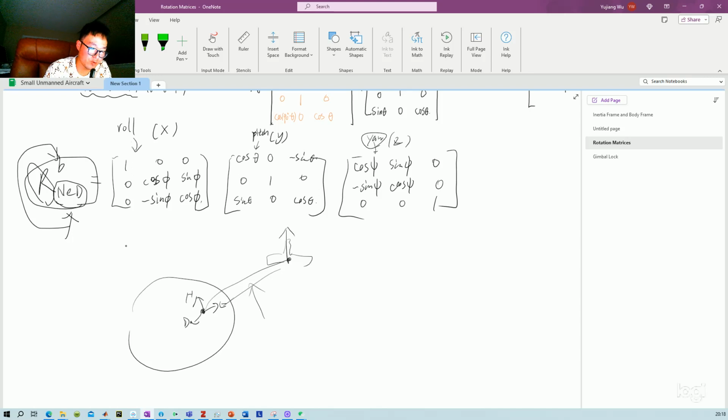When you have a body frame pointing to the nose, then down as your Z, and then you have Y. So this is your body frame, this is your inertia frame, and when we have certain vectors given in the inertia frame, we use this rotational matrix to represent them in the body frame.